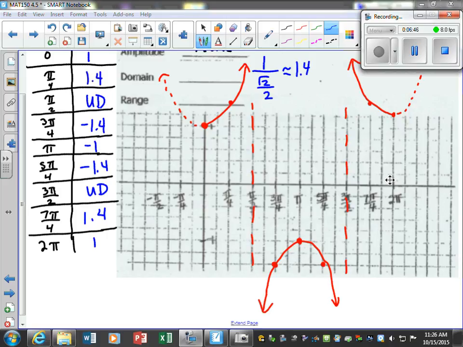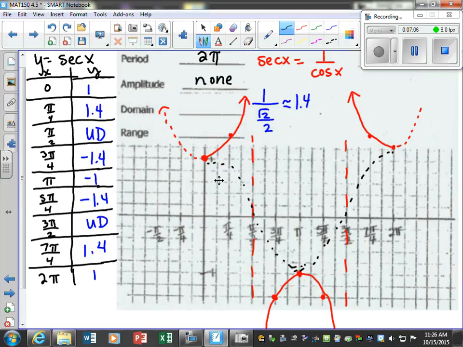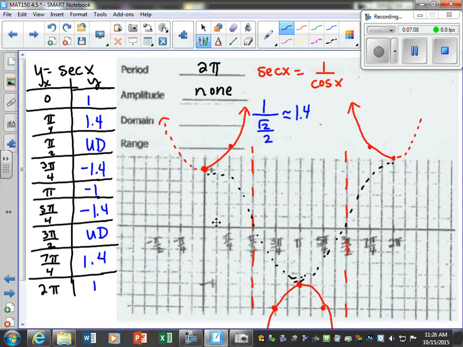And also recognize the cosine, if I did the image of the cosine, we can see how these two have the relationship there. So let's look at the next two.